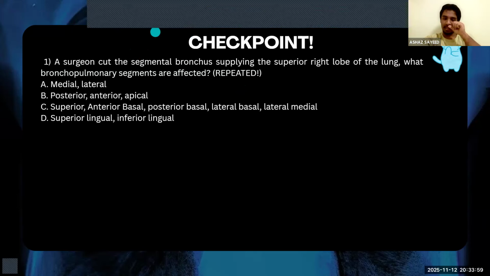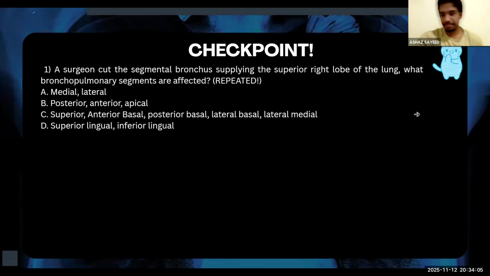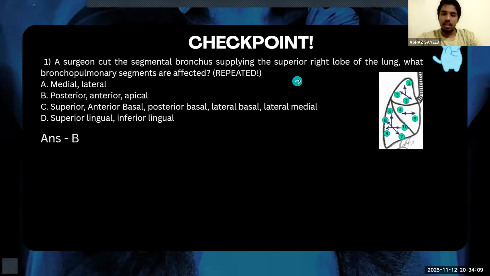B. Correct. You guys are correct. Posterior, anterior, apical. Now, I told you guys about the trick, right? I'll tell you guys now. Listen, B is the correct answer. When they ask you any question of this sort, it's repeated. Now, if they ask you anything like that, they're going to tell you, okay, superior right lobe of the lung.